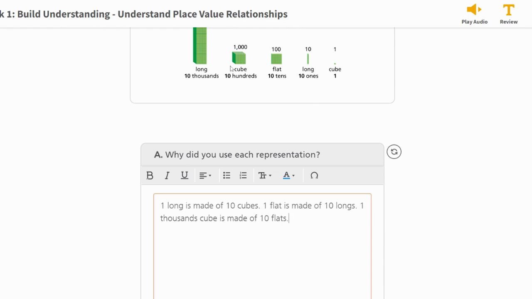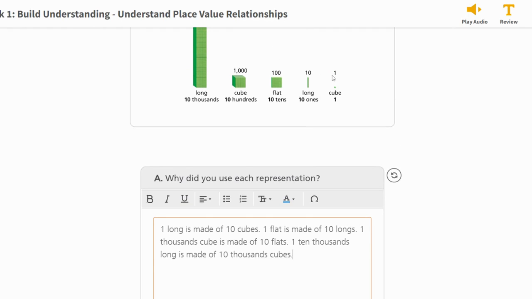Okay, so 1,000 has 10 of those hundreds flats. And we know that a 10,000 long, so this long thing here, is made of 10,000 cubes. Each place is 10 times bigger the further you go to the left.